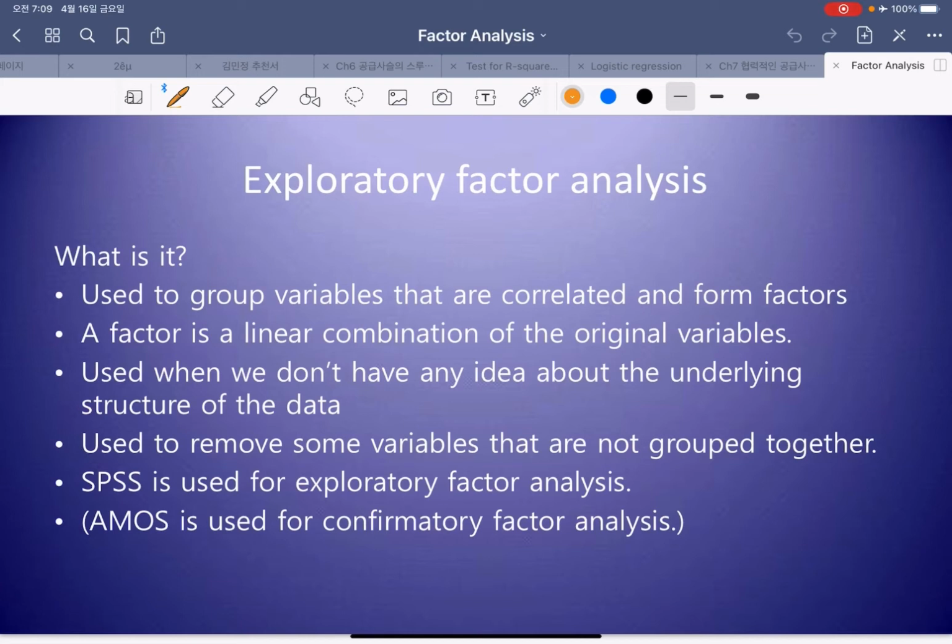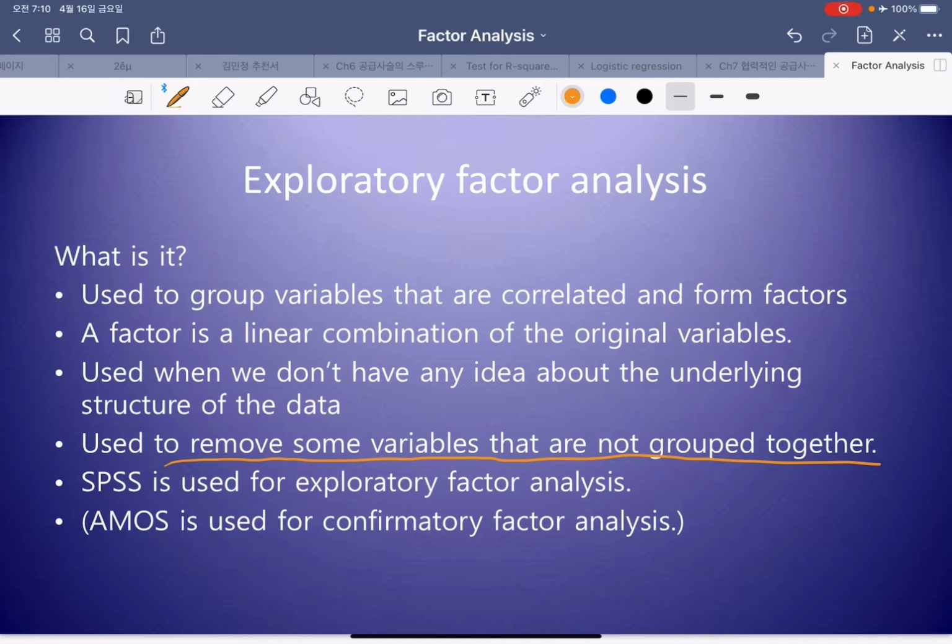As I said, this one is used when we don't have any idea about the underlying structure of the data. And the most critical reason to use exploratory factor analysis is to remove some variables that are not grouped together. I mean, think about the case where we do an empirical study.